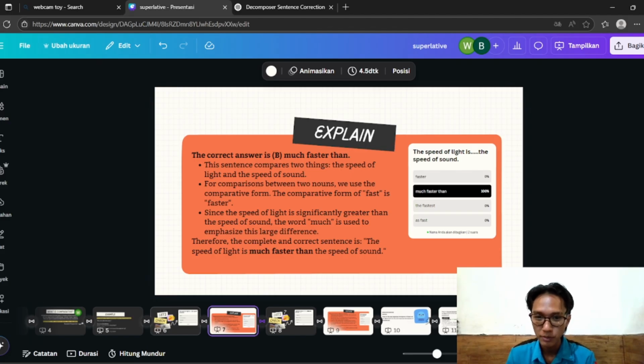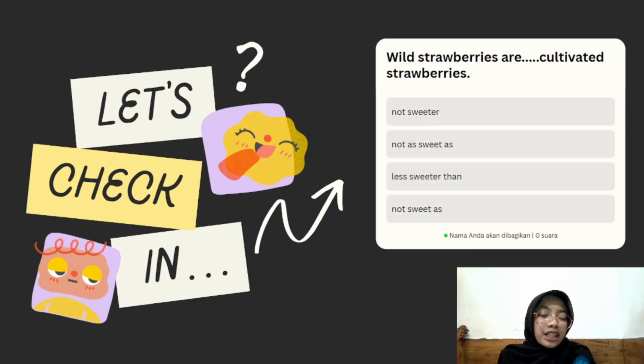For comparisons between two nouns, we use the comparative form. The comparative form of fast is faster. Since the speed of light is significantly greater than the speed of sound, the word much is used to emphasize this large difference. Therefore, the complete and correct sentence is: The speed of light is much faster than the speed of sound. Next, the second question.